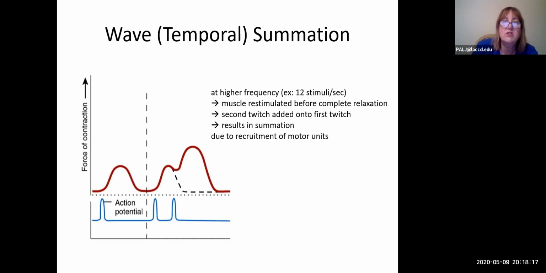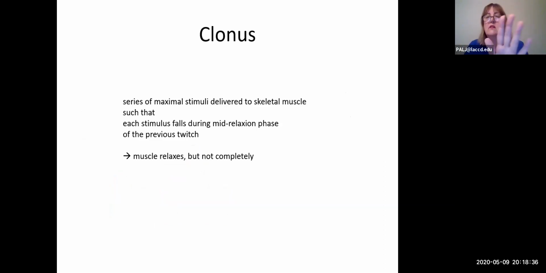This slide is only showing two action potentials, one generating contraction and the second one giving a second twitch adding on to the first twitch. So now in clonus, we're going to do more than just two twitches. And in between each action potential, the muscle will be relaxing, but not completely, not getting down to threshold.